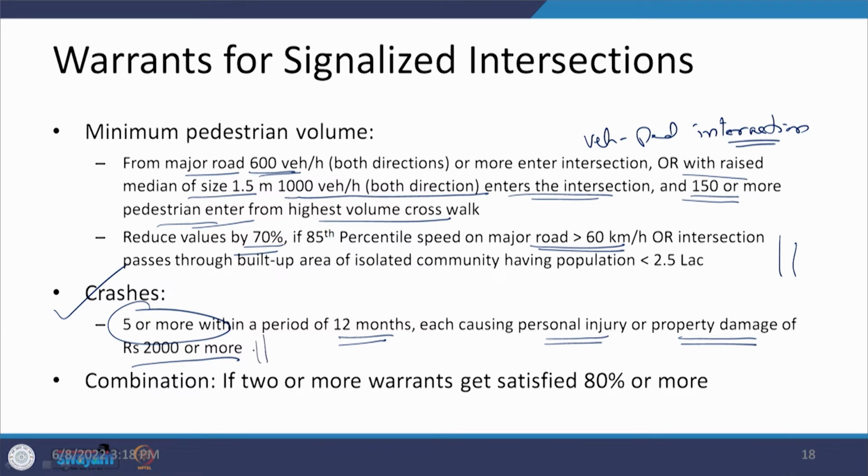But this particular value is quite old, and maybe in future we are going to have a change in these values on the basis of studies, because this was taken up way back. When there is a combination of minimum 2 or more conditions where 80% or more are satisfied, then also we can go for signalization of an intersection.